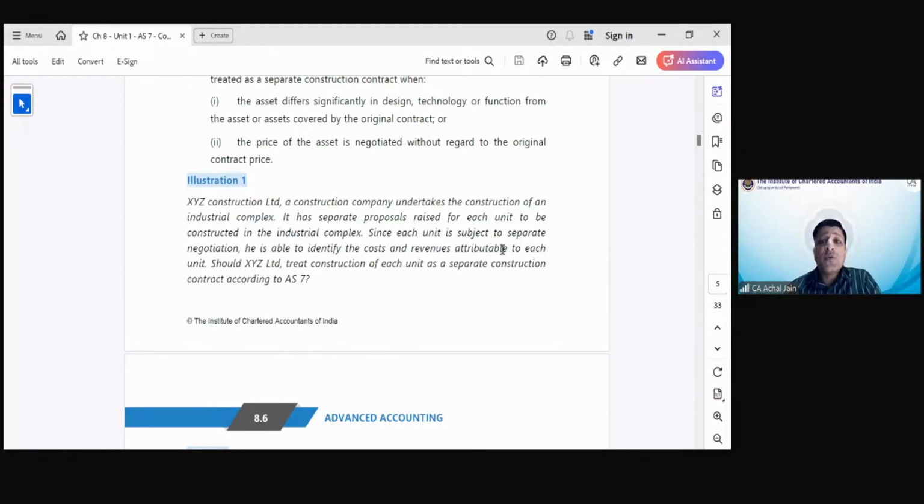Since each unit is subject to separate negotiation, it is able to identify the costs and the revenues attributable to each unit. Should XYZ treat construction of each unit as a separate construction contract, or should all of those units be combined and recognize revenue for this combined contract or a single contract?